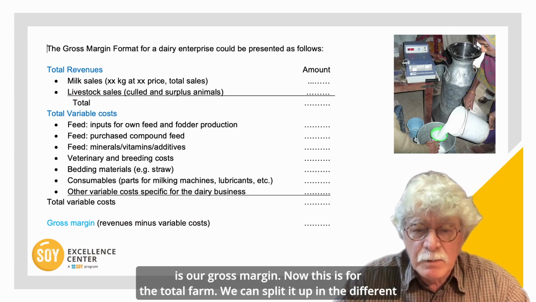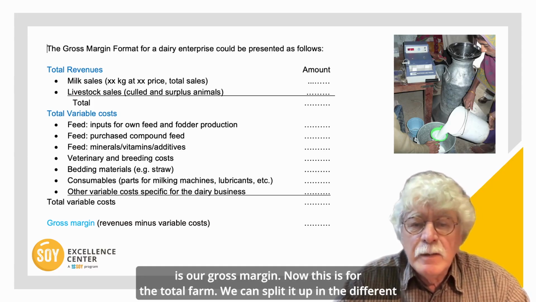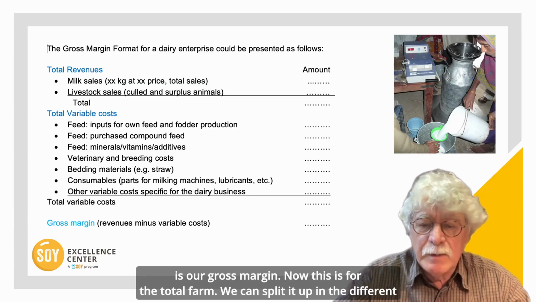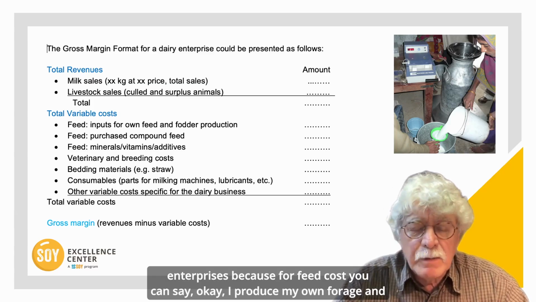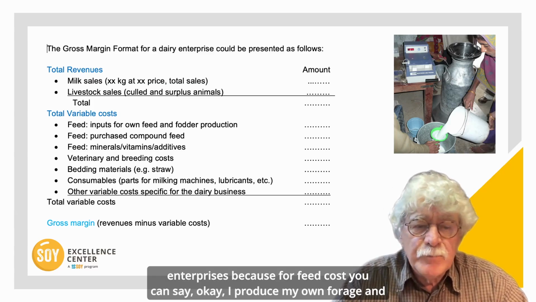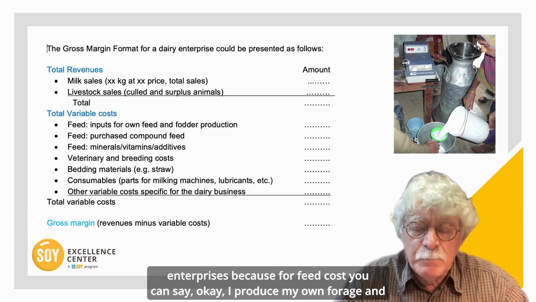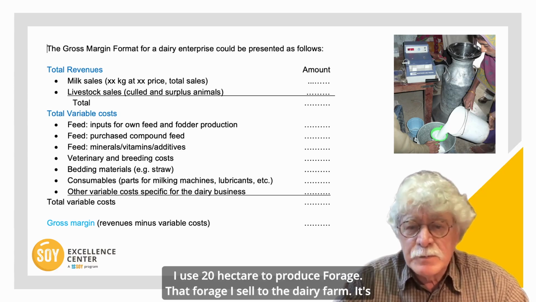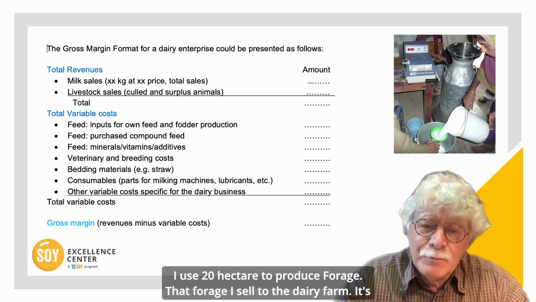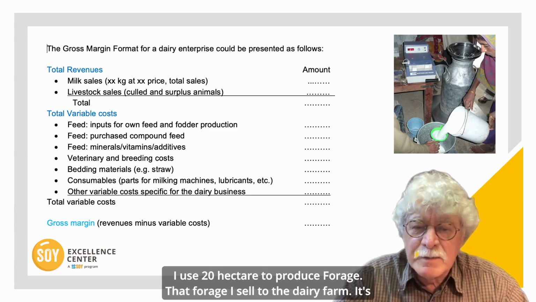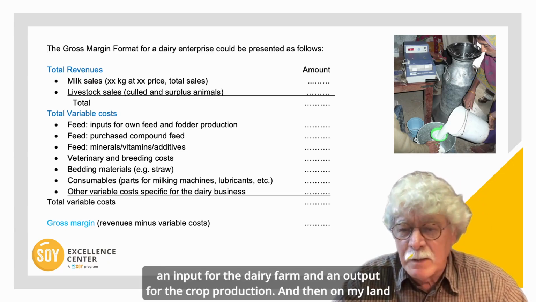Now, this is for the total farm. We can split it up in the different enterprises, because for feed cost, you can say, okay, I produce my own forage, and I use 20 hectares to produce forage. That forage I sell to the dairy farm. It's an input for the dairy farm and an output for the crop production.